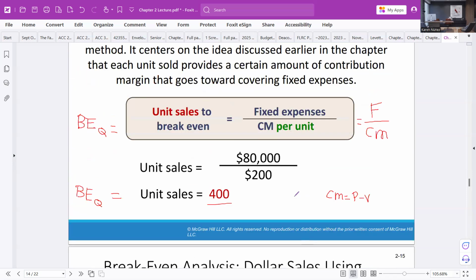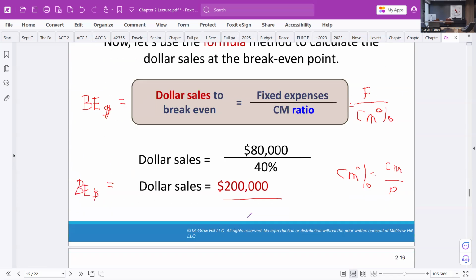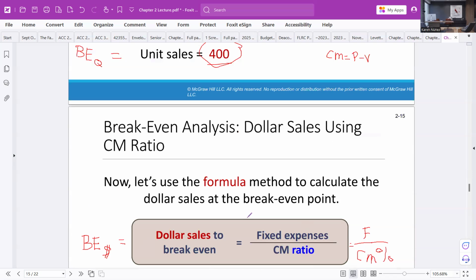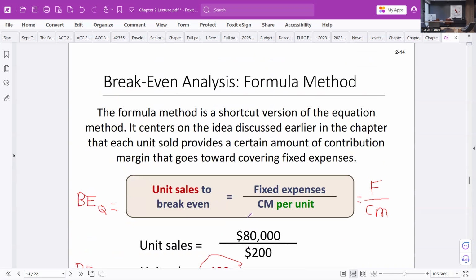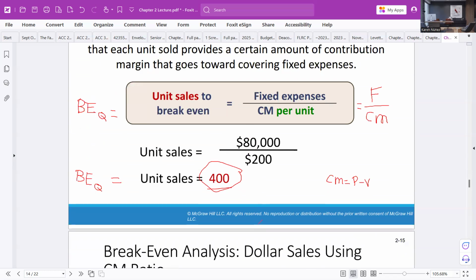So here we determine it's 400 units. They need to sell 400 units, break even Q, that's units. They need 400 units to break even, or that is $200,000. Or another shortcut approach that I like to always point out: if you multiply the selling price, which is actually $500 per unit, times 400 units, right?